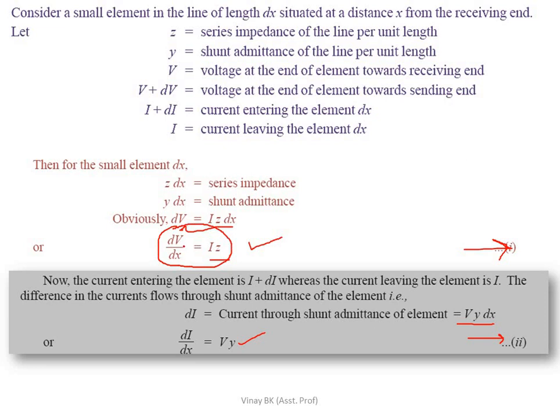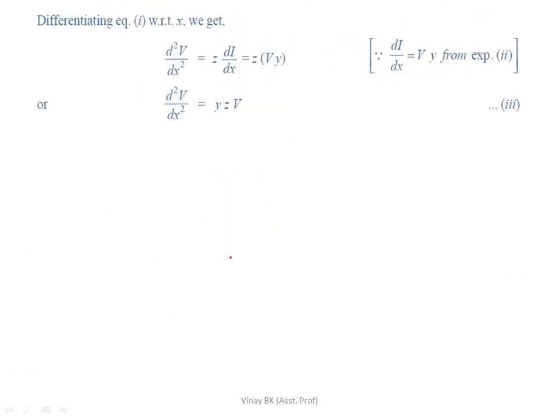Differentiating dV/dx with respect to x gives d²V/dx² equals, with respect to x, Z into dI/dx. Plus I, the differentiation of u into v, the same formula you studied in mathematics.